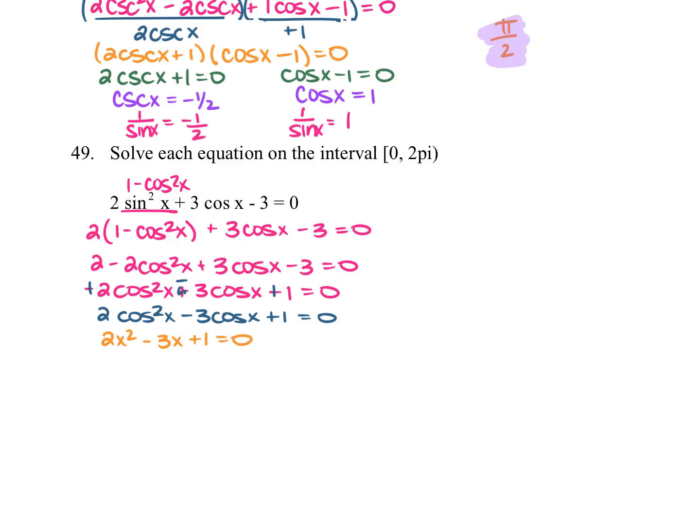Factoring this gives you 2x minus 1 times x minus 1 is equal to 0. You have x is equal to 1/2 and x is equal to 1. So looking at your unit circle where x is equal to 1/2 and x is equal to 1, you have 0, you have pi over 3, and you have 5 pi over 3. So those three are your solutions.